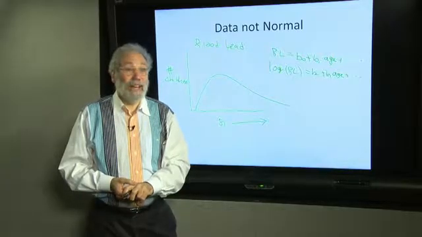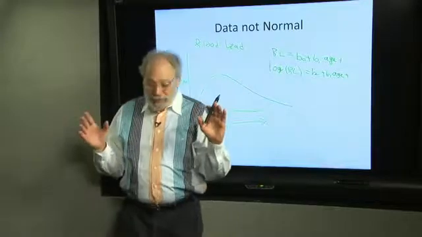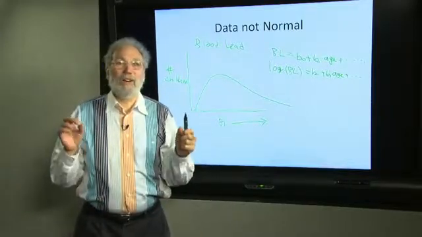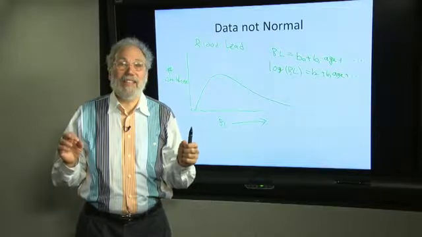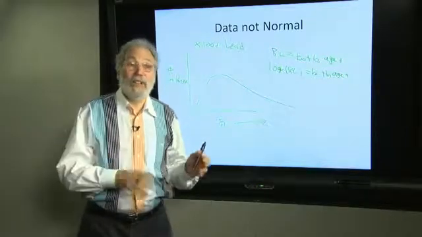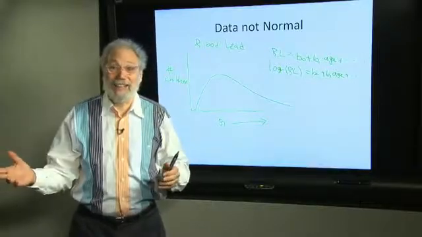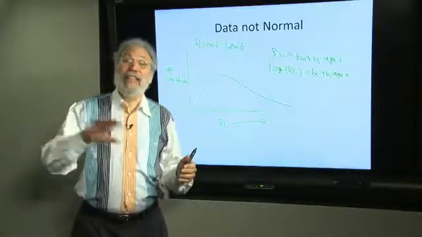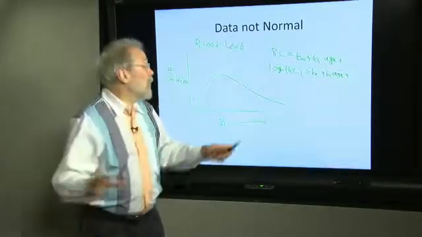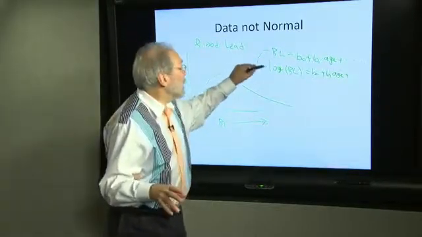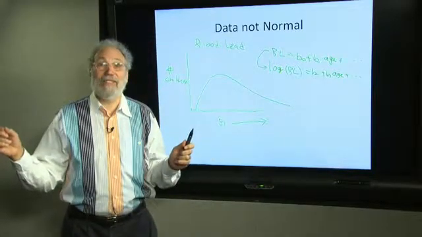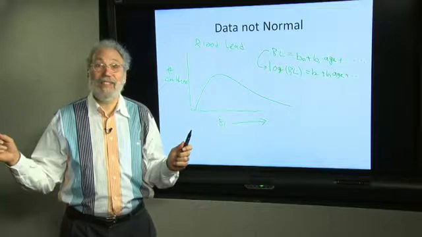Well, you can do that, but what you need to remember is transformations are a way of fitting a dose response curve. They're an alternative to putting in quadratic terms to fit a nonlinear relationship. And so when you go from here to here, you're specifying a nonlinear dose-response relationship. Why?